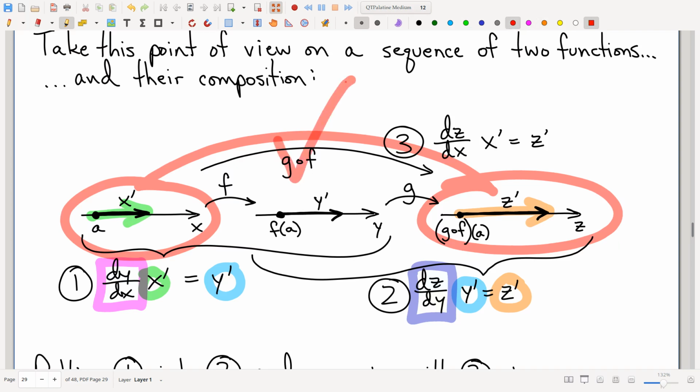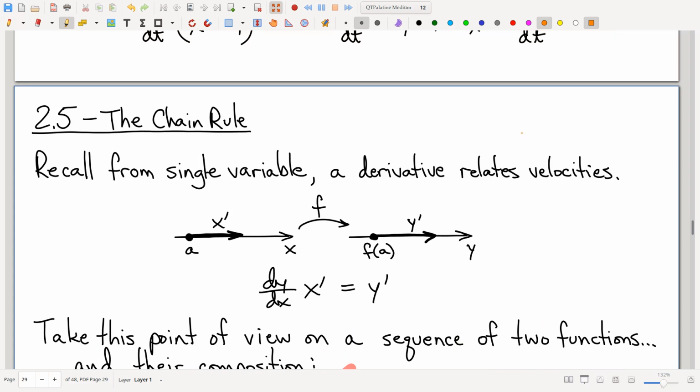The composition is the function that does that, and so its derivative, dz dx, is what turns x prime into z prime. So all I've done so far is apply this interpretation three times.